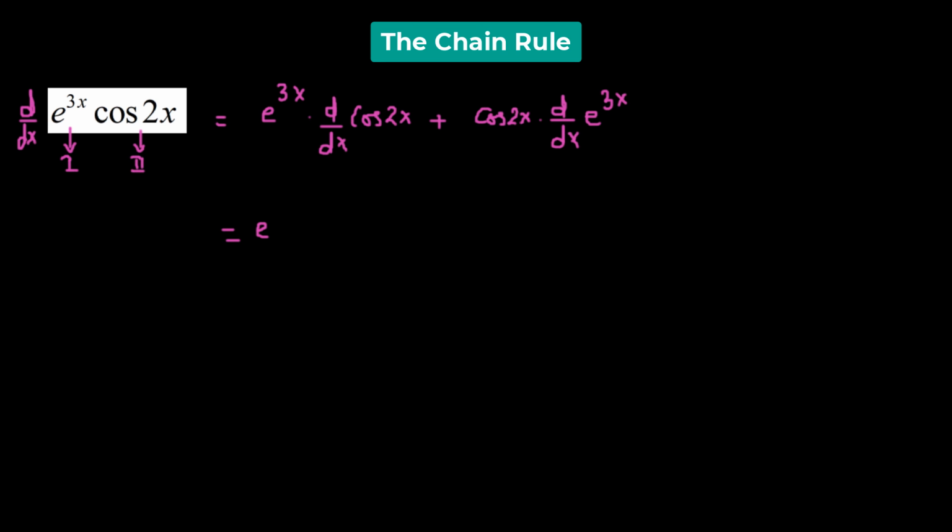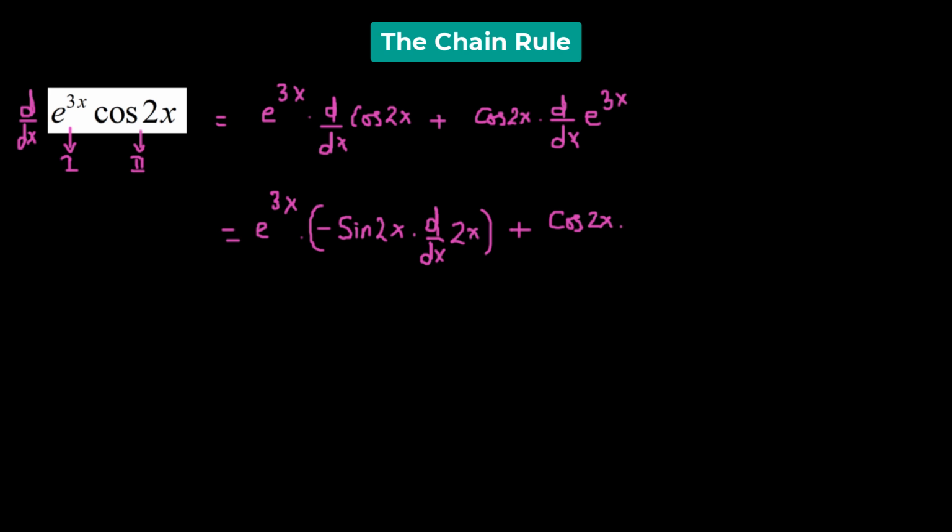That gives us e raised to the power of 3x times... Now we have to apply the chain rule in order to find the derivative of cosine of 2x. We're going to assume that if 2x were equivalent to x, then we have to find the derivative of cosine of x, which would have given us negative sine 2x. But 2x is an assumption, so we multiply it by the derivative of 2x. Similarly, we have cosine of 2x times the derivative of e raised to the power of 3x.